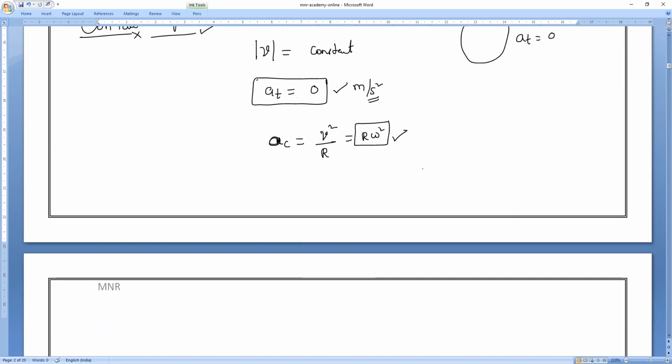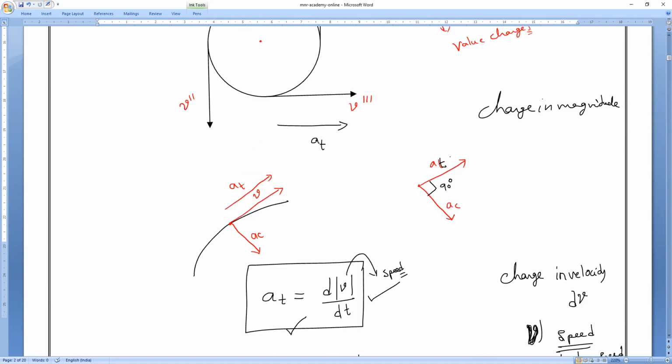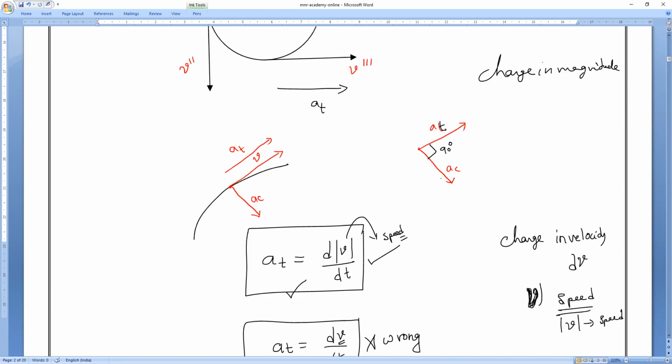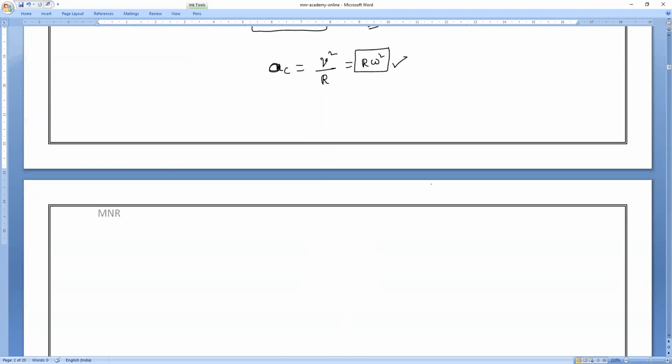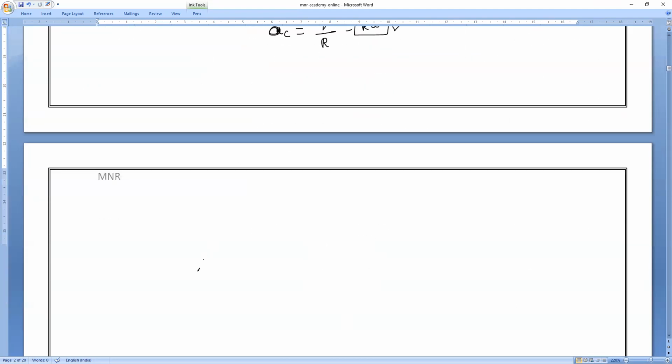Now, as I have drawn here, what is the angle between tangential acceleration and centripetal acceleration? 90 degrees. Understood? Now all of you observe very carefully. At any point in a circular path, if the magnitude of speed is changing, the tangential acceleration always acts parallel to the motion and the centripetal acceleration always acts towards the center.